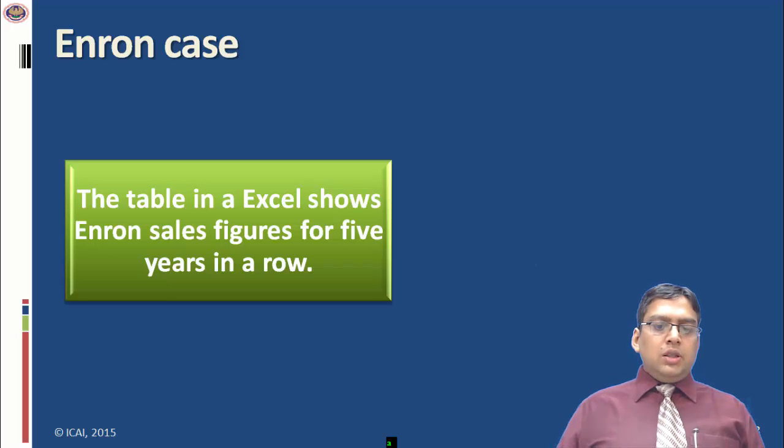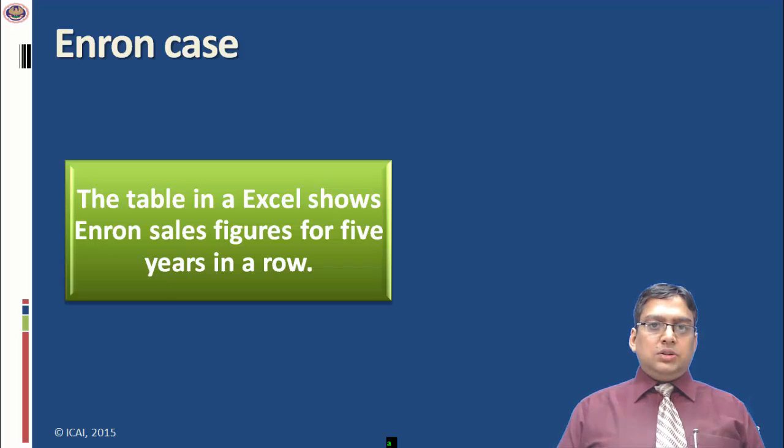In the Enron case, the table in Excel shows Enron figures for 5 years in a row. Enron is the name of a company whose rankings increased but profit decreased. Figures cannot show this concept.